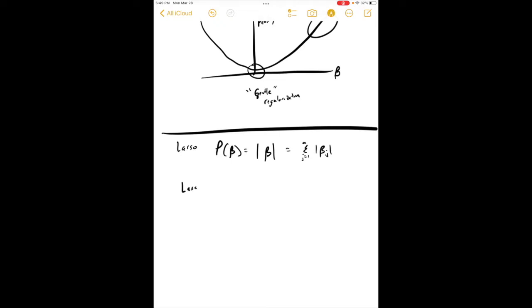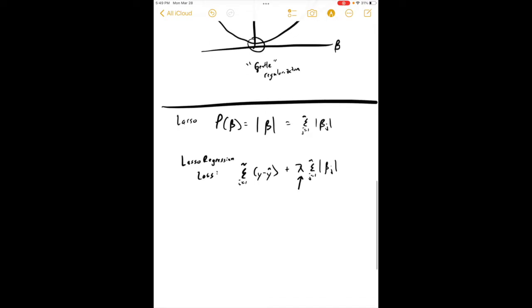So our total loss function here, this is the lasso regression loss function, is going to be the sum from i equals 1 to n of all of the errors, plus, again we're using lambda, okay, times the sum from j equals 1 to m of the absolute values of all of the betas. And this serves the same purpose as before. It controls the amount of regularization, and higher lambdas means more regularization.